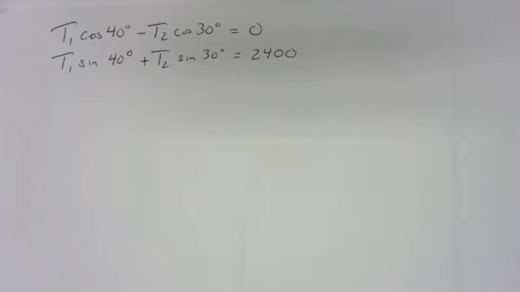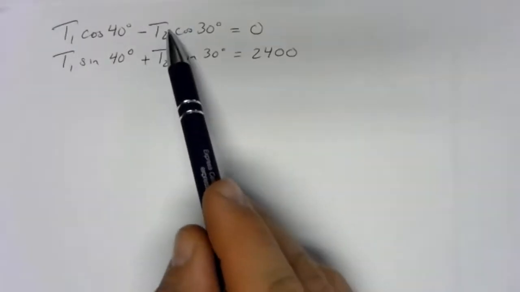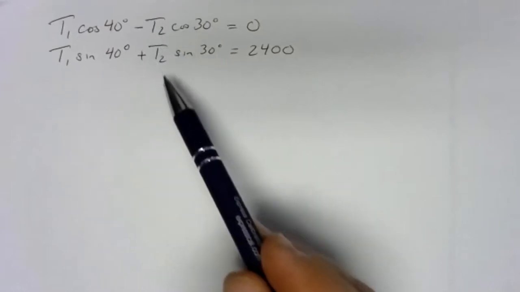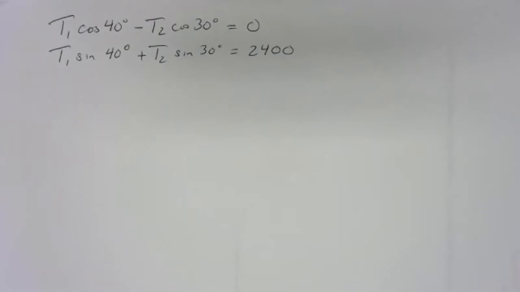The easiest unknown to eliminate was one where there was already a built-in sign difference between the two equations, where the unknown shows up positive in one equation and negative in the other. Well, if we look at the equations we've got here, T2 shows up with a sign difference. So that would be our target for elimination.